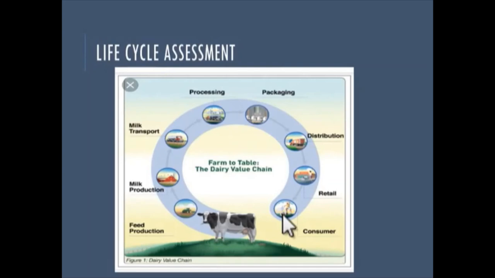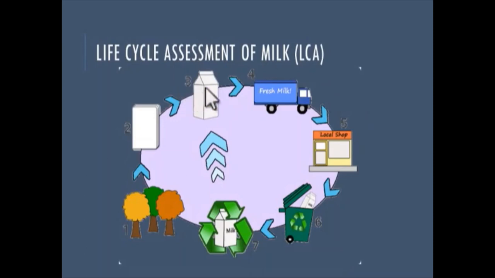But I also want to tell a little bit about the life cycle assessment of the milk packaging. Here, the milk packaging is taken from the tree and then goes to making paper, and then the paper is used to make a carton, and the carton is used in the fresh milk factory.